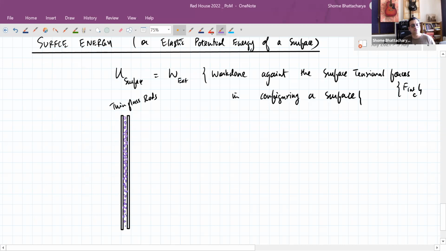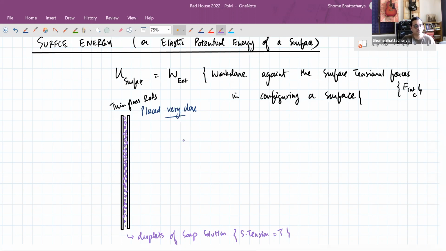So two glass rods placed almost in contact, very close, and we have droplets of soap solution which has surface tension equal to T. Given that the distance between the rods is negligible, the droplets are of very small volume, and therefore of very small surface area. We can say we have hardly got any surface to begin with.